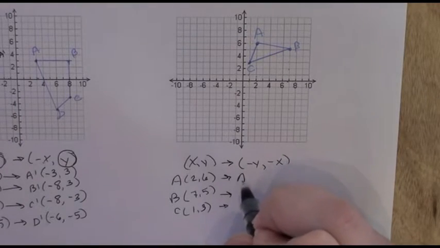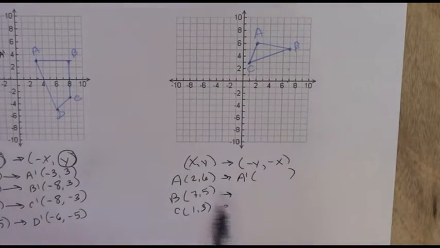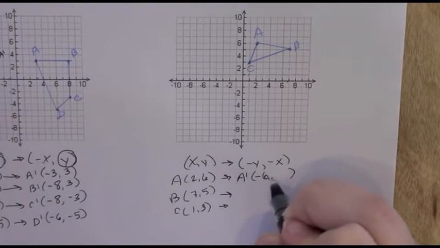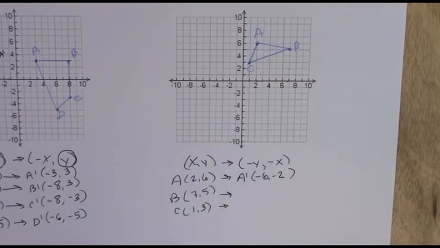They switch the order and they switch the signs. So A turns into A prime. We switch the order of the 2 and the 6, so that would become 6, 2. But then we also switch both of their signs, so it becomes (negative 6, negative 2).